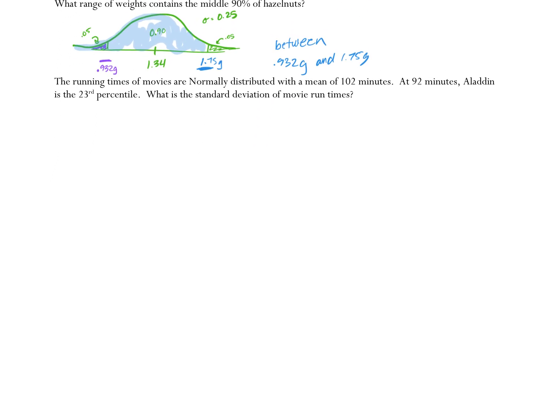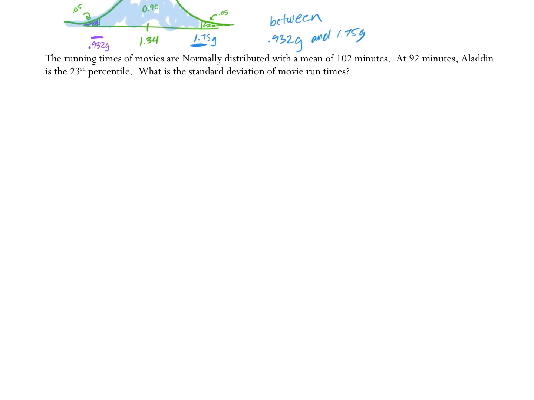Okay, new context. The running times of movies are normally distributed with a mean of 102 minutes. At 92 minutes, Aladdin is the 23rd percentile.